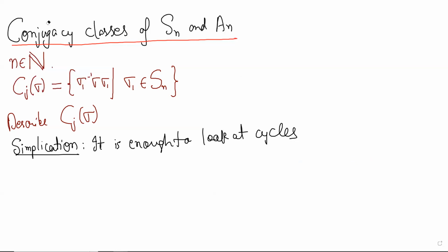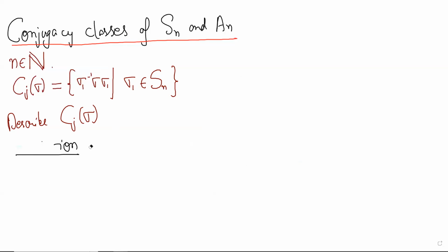So all these things I've said we can summarize by saying that sigma is a cycle. We'll just describe conjugates of cycles.